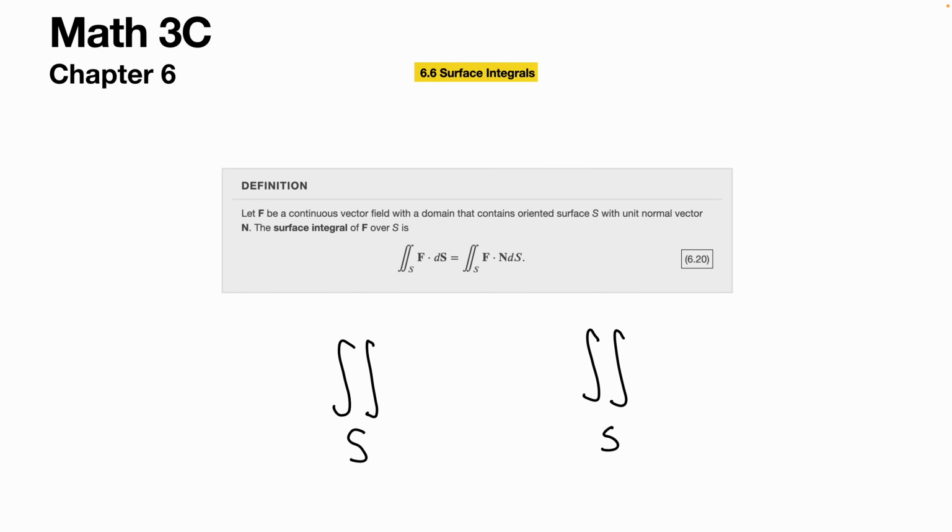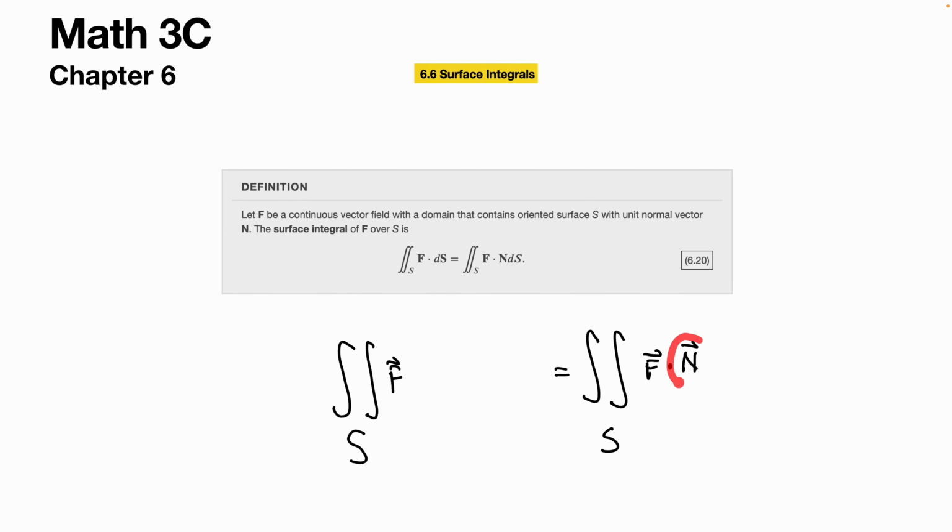We're looking at taking a vector field as the integrand, and we've already discussed this right-hand side: we want to dot, to find the strength of the vector field in the normal direction. That's going to be a unit vector, tied to this surface. And then we integrate with respect to changes in surface area.